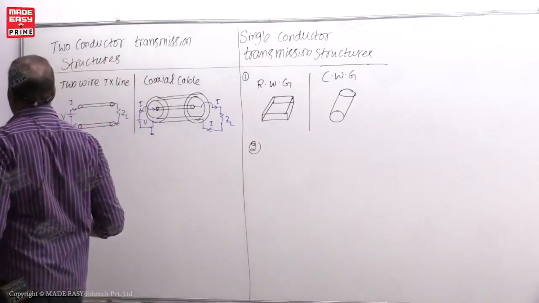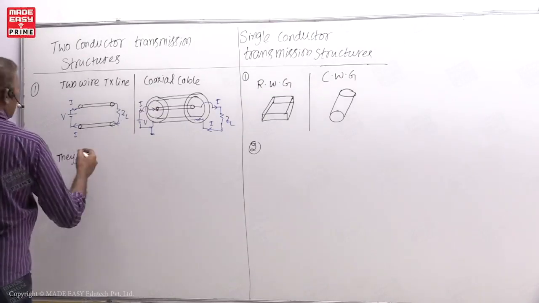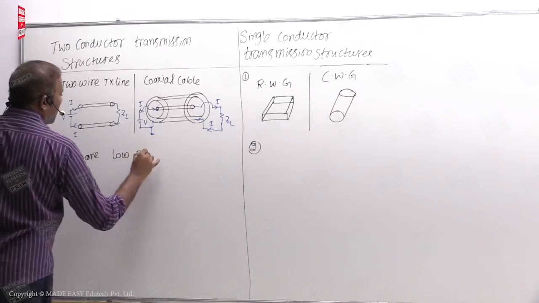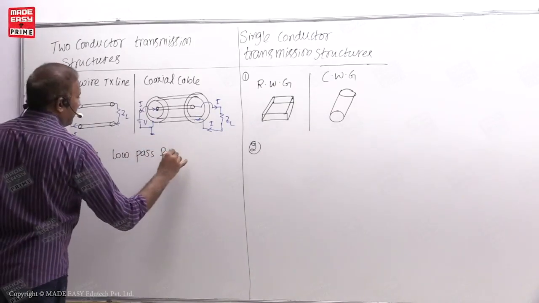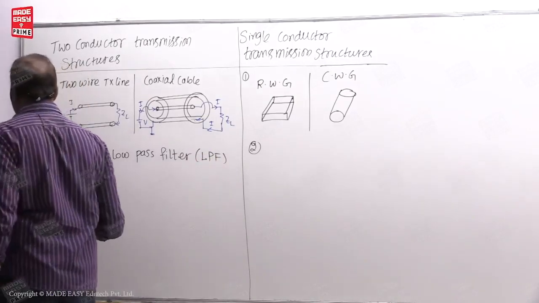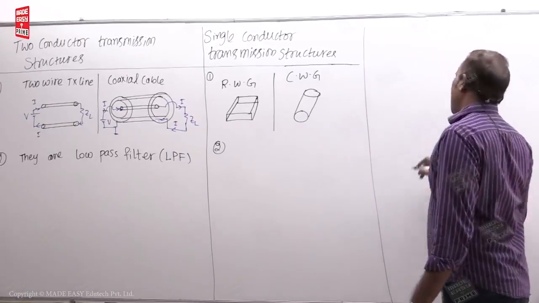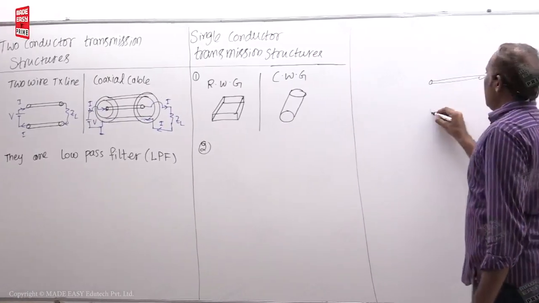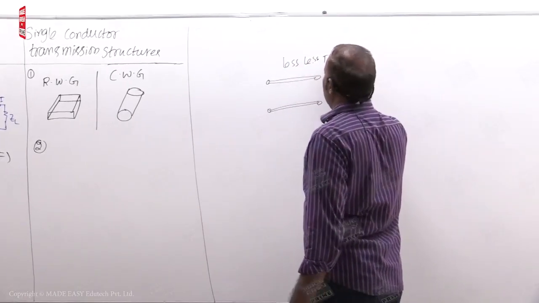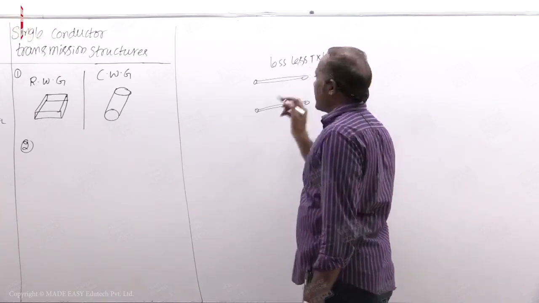So I already told you, students, these two conductor structures are low pass filters. If you draw, I am telling you here, see students, for example, you take a lossless transmission line.